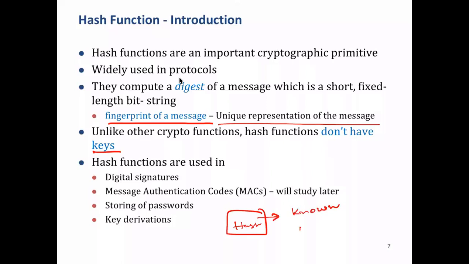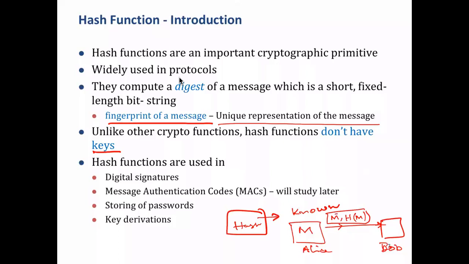Given a message M which Alice sends to Bob, she sends the message M along with the hash of M, a digest. In the plain form, this is the way it will work.